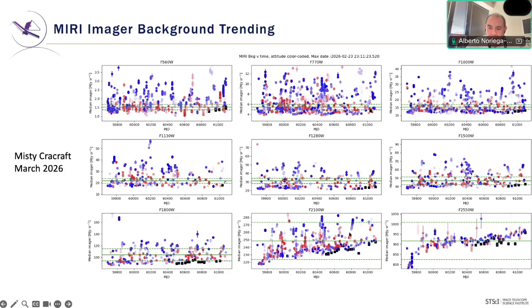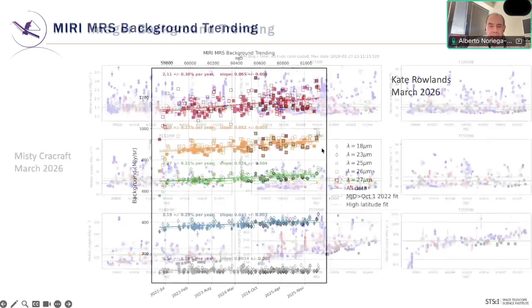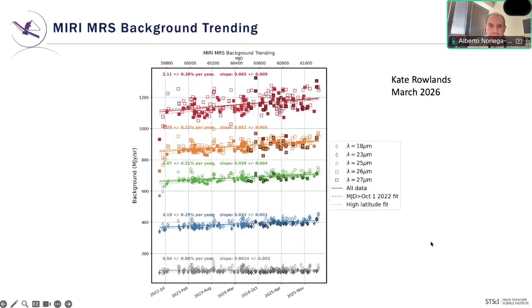Again, same issue for 21 microns, but once you go to 5.6 microns, the background is small, but it's still of the order of 1 megajansky per steradian. So again, if you really want high precision, one of the recommendations would be to do a background observation. This is for the imager, but we do see the same behavior for the MRS.